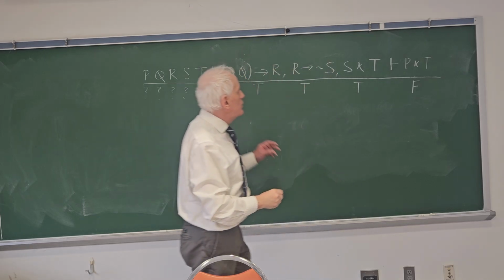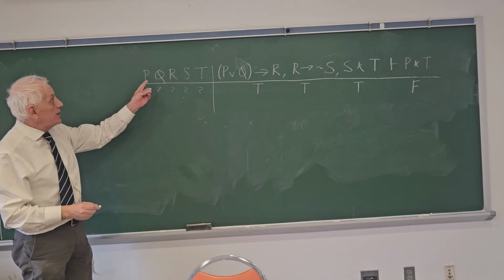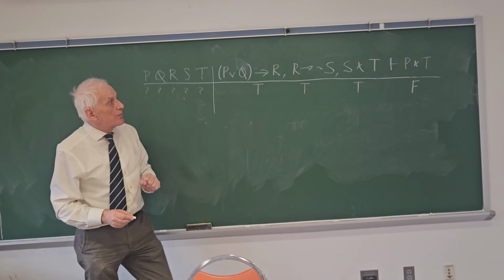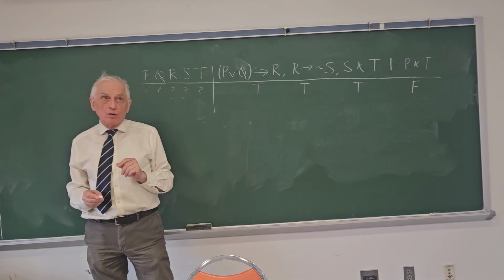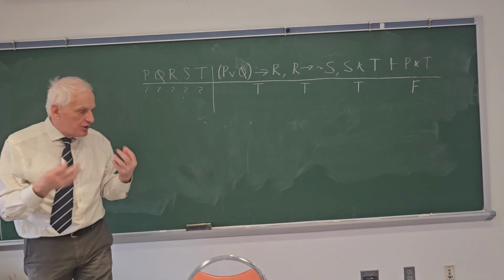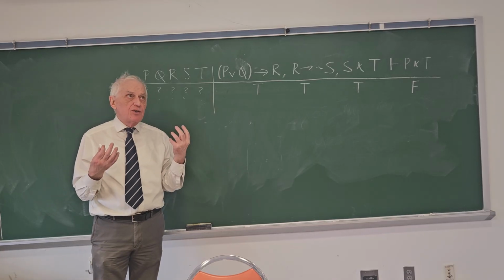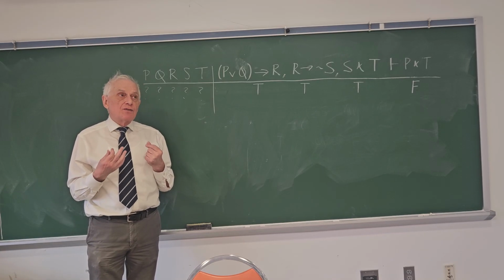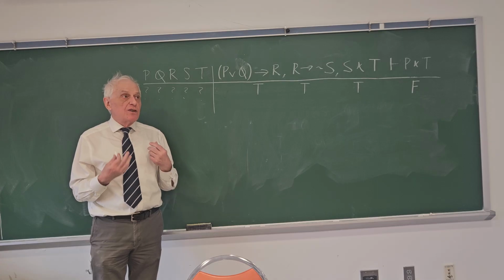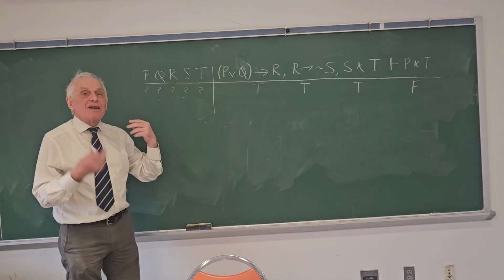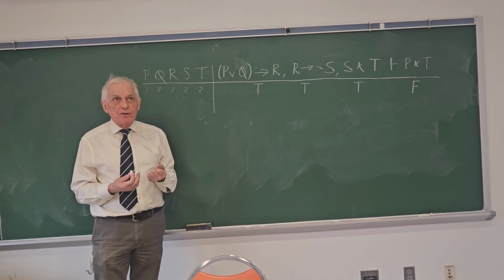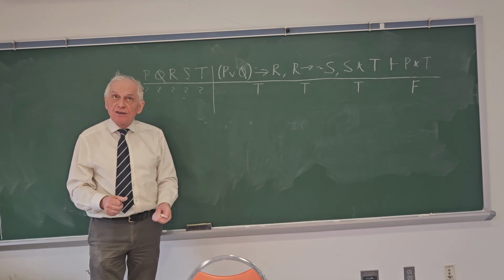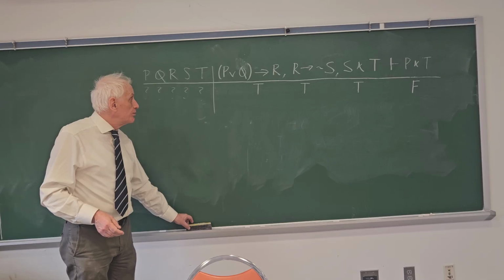If we can find a way of assigning T's and F's to P, Q, R, S, and T that makes the premises true but makes the conclusion false, we'll have shown that it's possible for the premises to be true while the conclusion is false, and so we'll have shown that the sequent is invalid. This is what we call an invalidating assignment of truth values to a sequent: one that produces all true premises and a false conclusion.